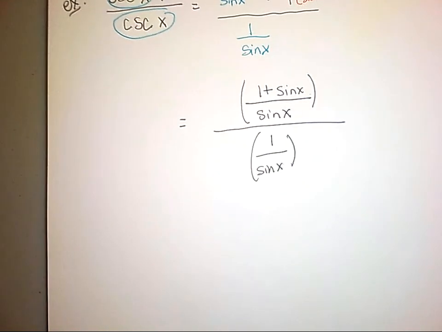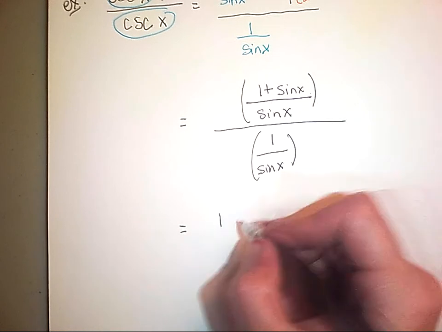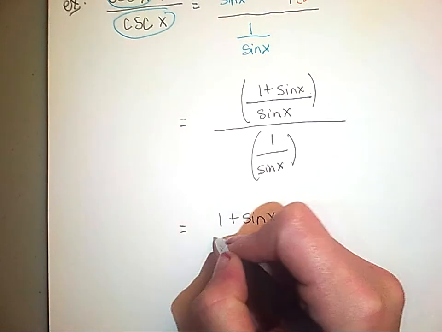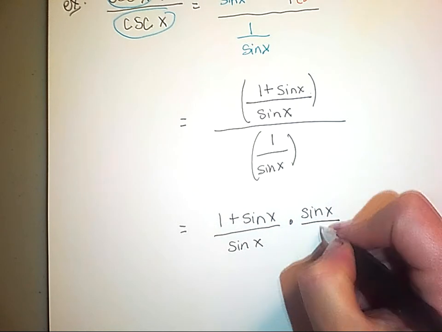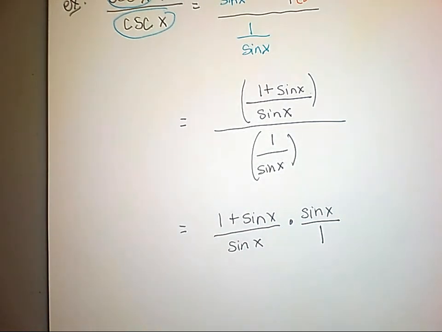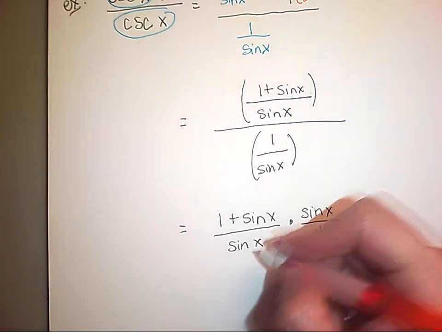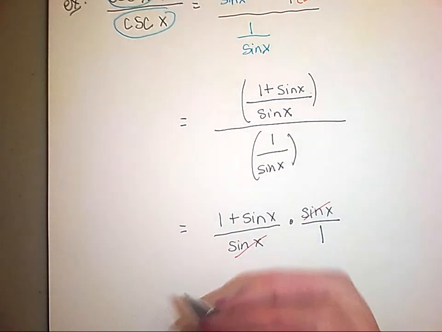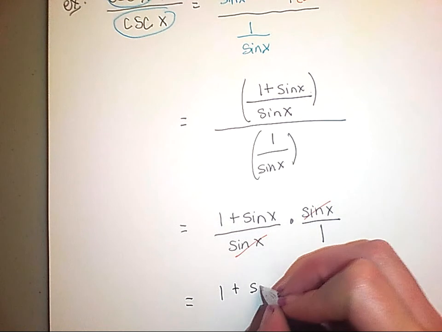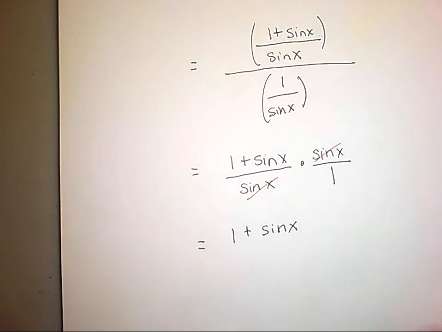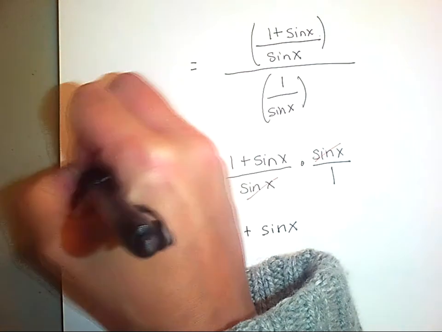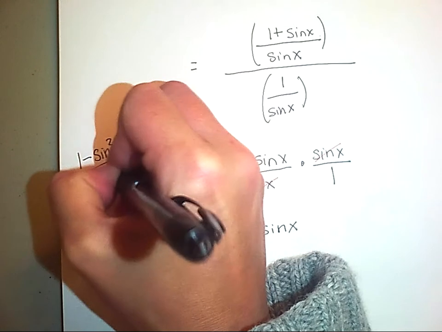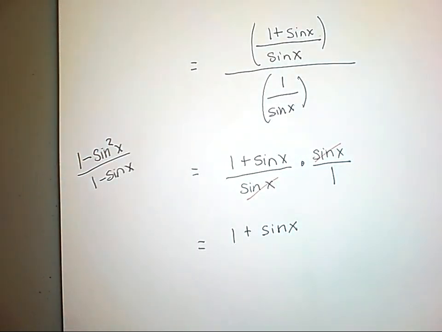Just getting the common denominator. Now we're dividing fractions, so we will invert and multiply. And now these sines will cancel, and we have this 1 plus sine. Now, let me write where we were trying to get to. We're trying to get to 1 minus sine squared of x over 1 minus sine of x.